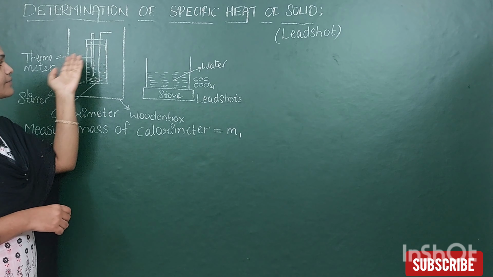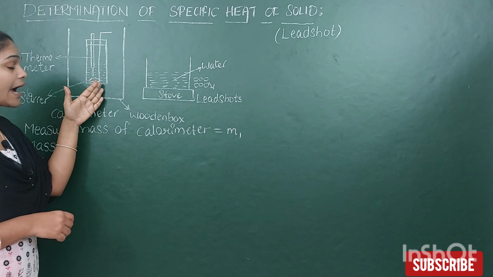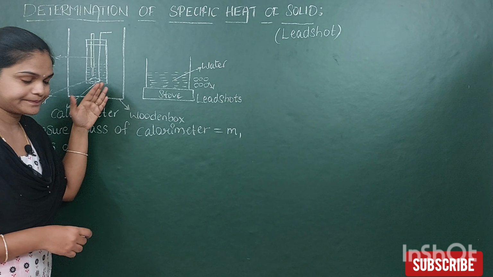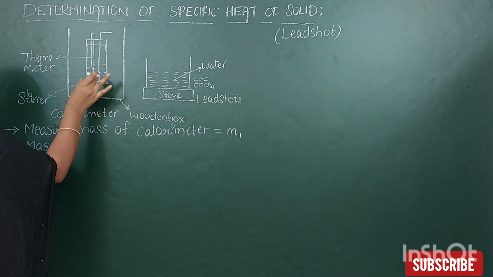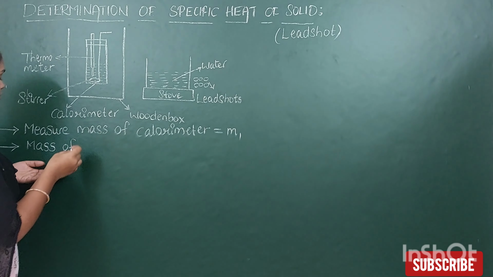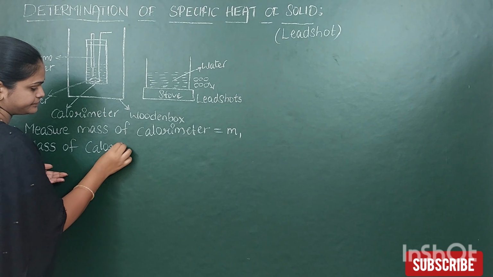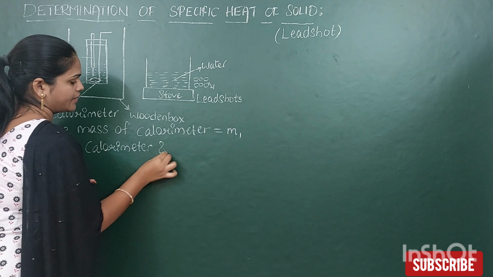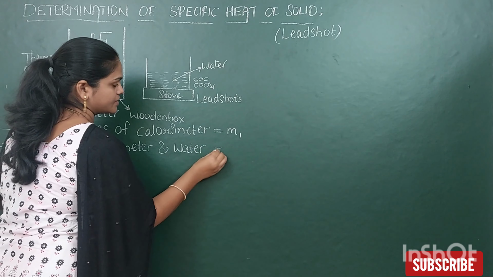Next, pour some water in the calorimeter. Then you have to measure the mass of water and calorimeter. When you measure the calorimeter along with the water, the mass of calorimeter and water is M2.